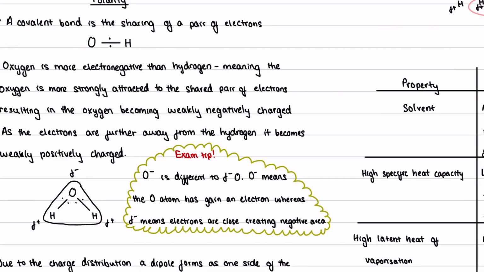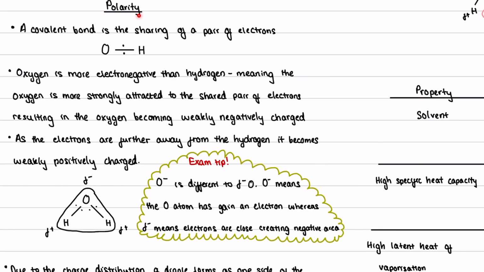If you do chemistry A-level, you will know all about polarity, but if you don't, let me explain it for you. A covalent bond is a shared pair of electrons between 2 atoms. When an atom is more electronegative, which means it attracts the electrons more strongly than the other atom, the shared pair of electrons will move closer to the more electronegative atom.